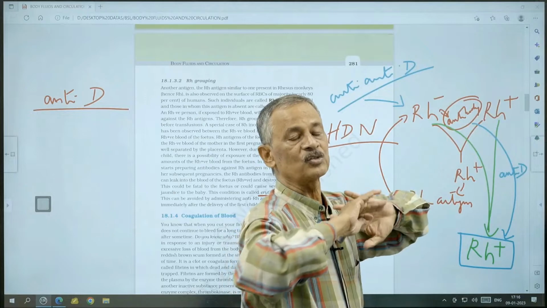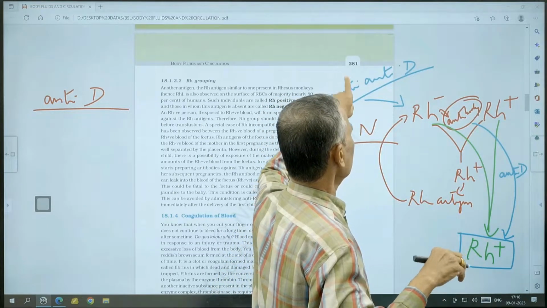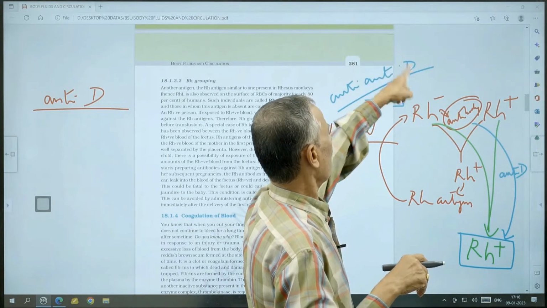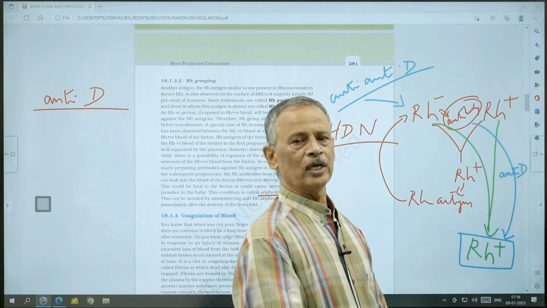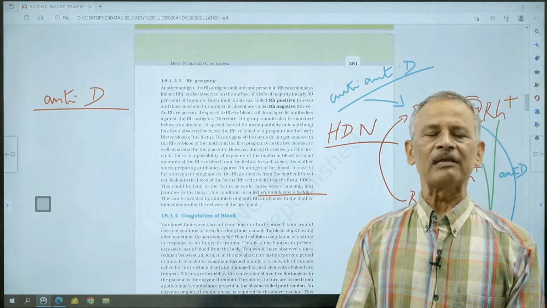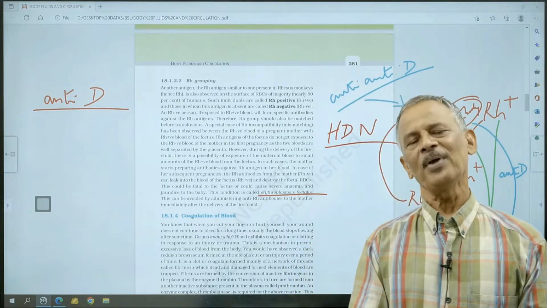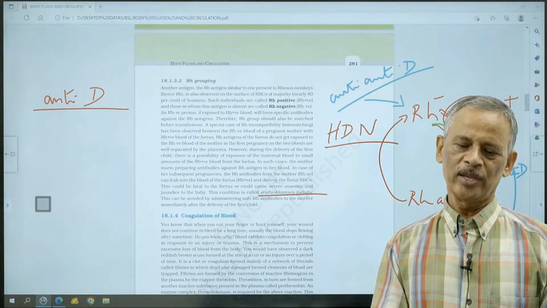So mother is not sensitized. So this anti-RH antibody is to be given to the mother immediately after the first delivery, so that she will not develop antibodies. So that is why this RH group is also important.